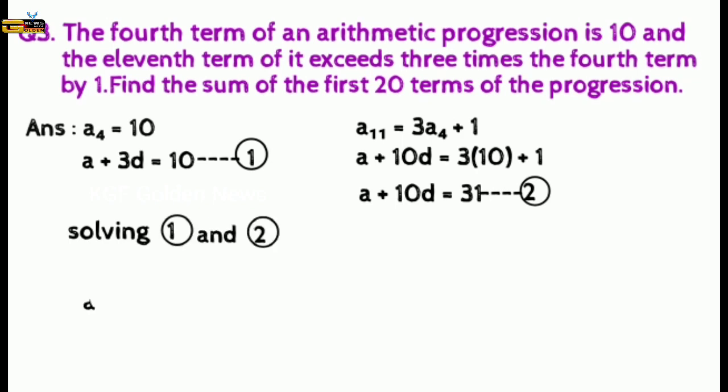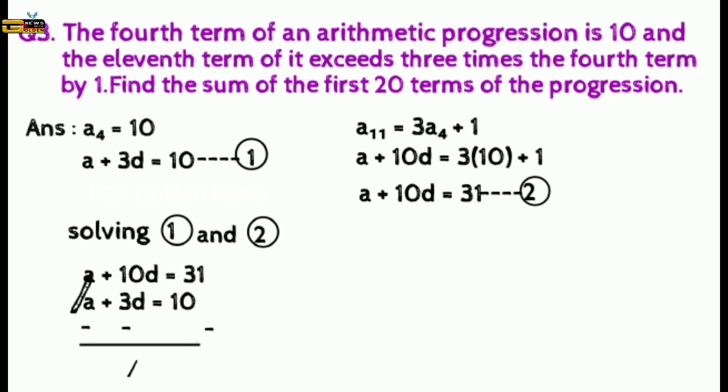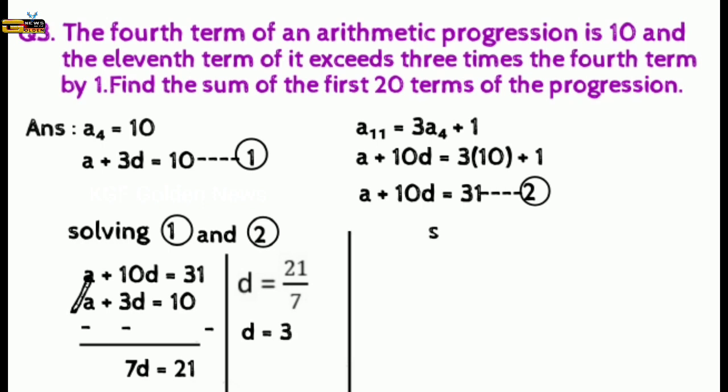Solving equations 1 and 2, we get A plus 3D equals 10 and A plus 10D equals 31. By changing the signs of the second equation, A minus A gets cancelled. 10D minus 3D equals 7D, which equals 31 minus 10 equals 21. Now D equals 21 by 7, which equals 3.